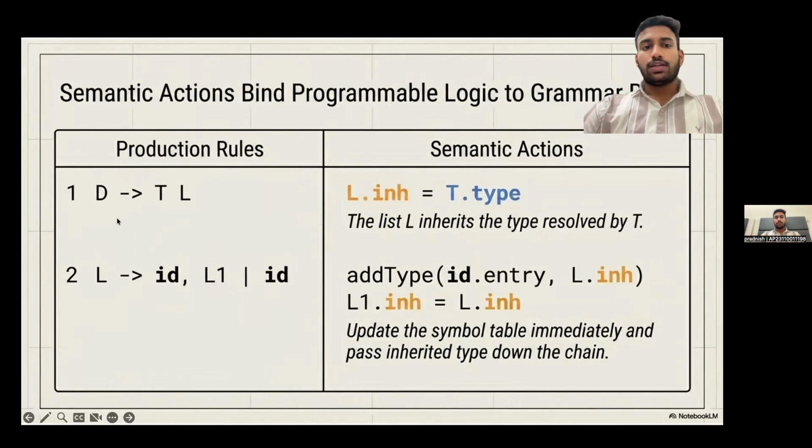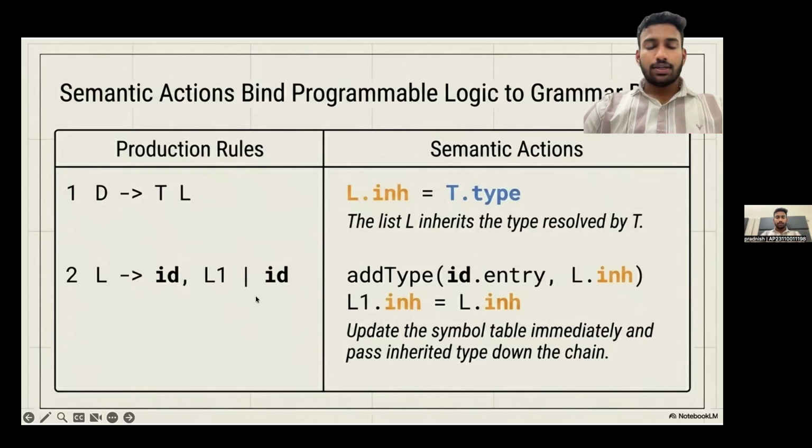Now, let us take this production rule: D → L T. Here, L inherits its type from T. The L inherits the type resolved from T. It stores the value from T, as it is storing from the left side.